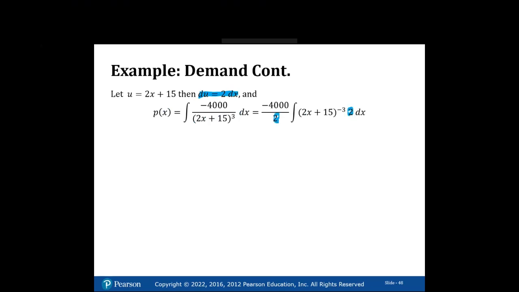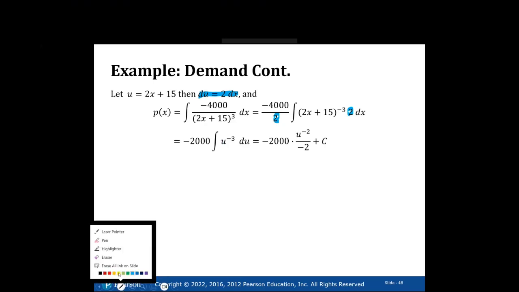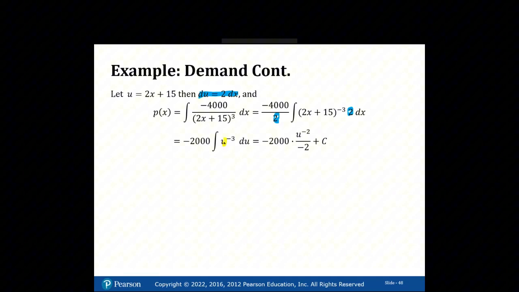I'm pulling out the 1 over 2, and I'm keeping the 2 dx to help me do my substitution here. So simplify that, and I get negative 2,000, plug in my u, and I get u to the negative 3 du. So here's my u, and my u, and my u, right?